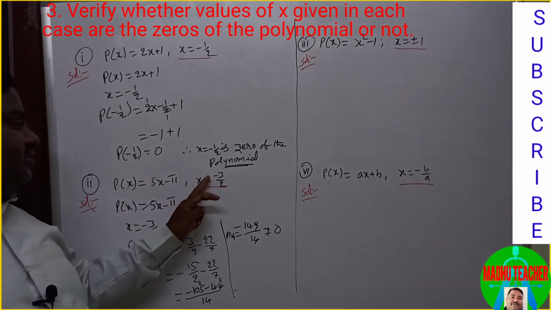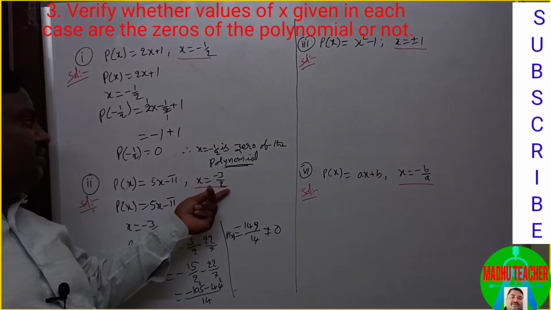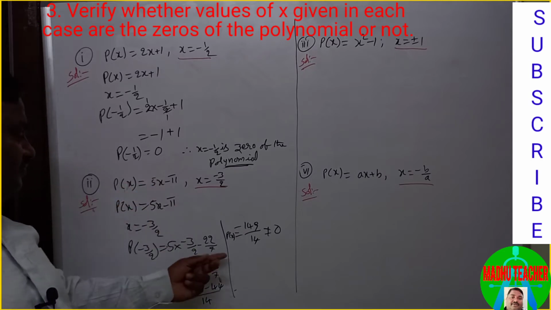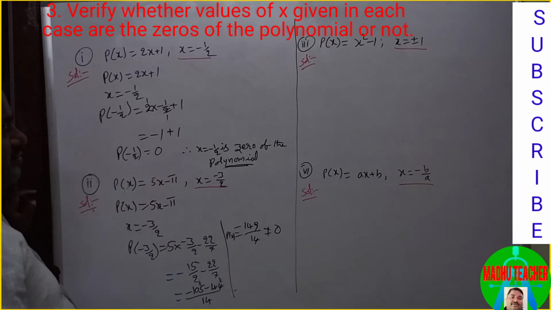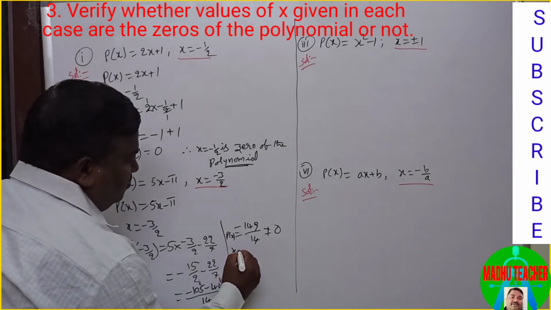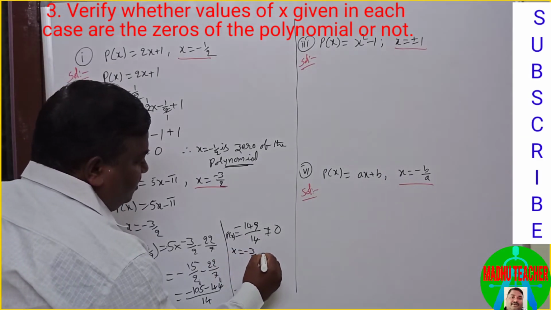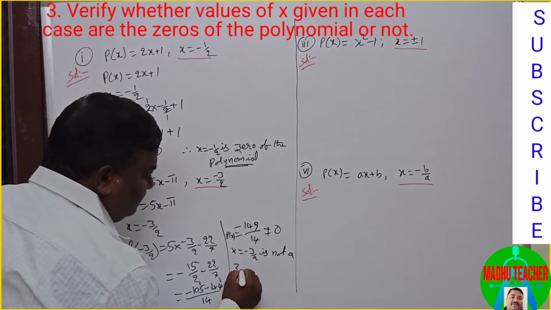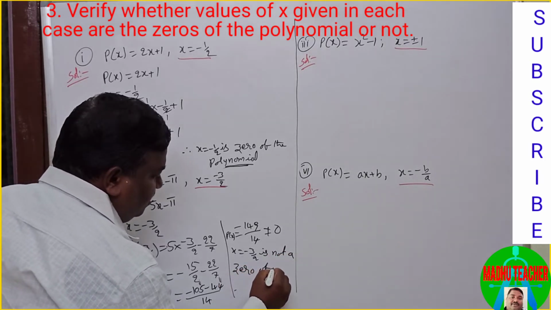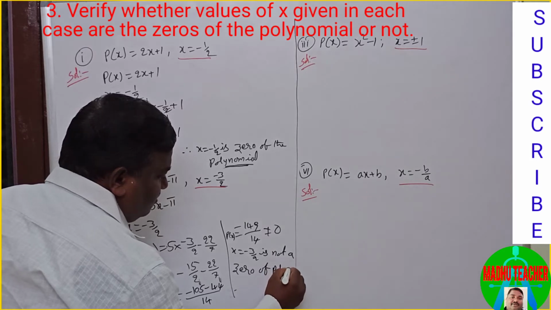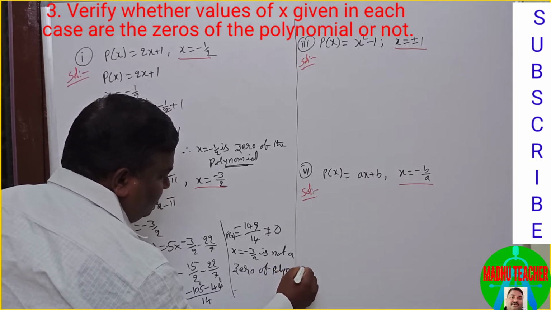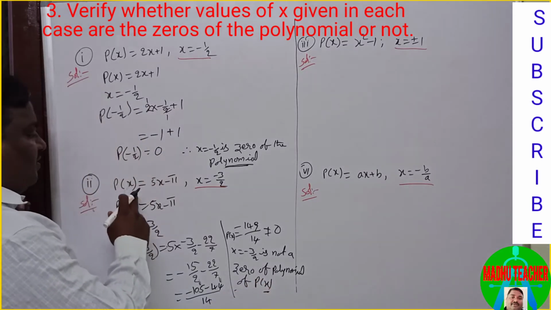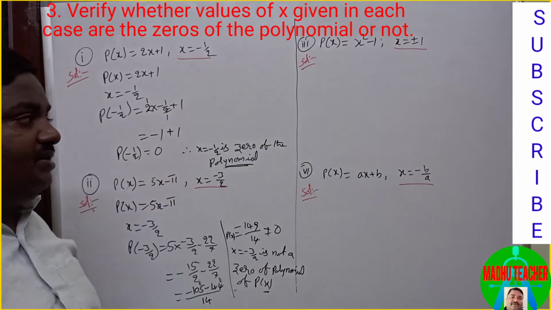Therefore x equal to minus 3 by 2 is not a 0 of the polynomial p of x. That you have to write. x equal to minus 3 by 2 is not a 0 of the polynomial p of x, or p of x equal to 5x minus pi.